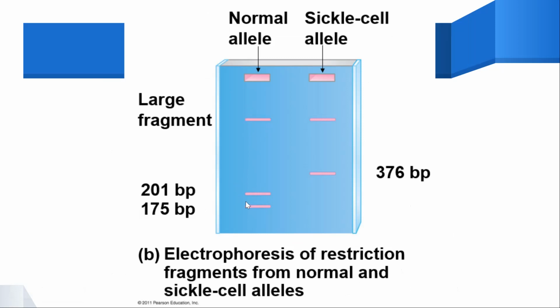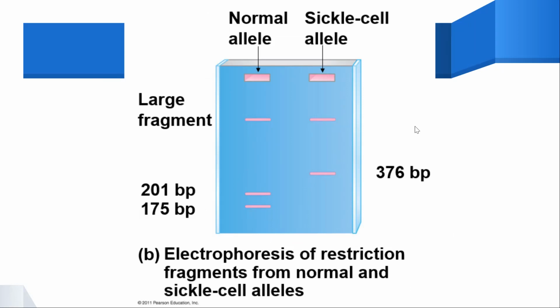And so we get these 3 band patterns from a normal person or normal allele. If somebody has sickle cell anemia, their gene is going to have 2 fragments instead of 3 fragments. And so we can tell if somebody has the normal allele for that particular protein or sickle cell.